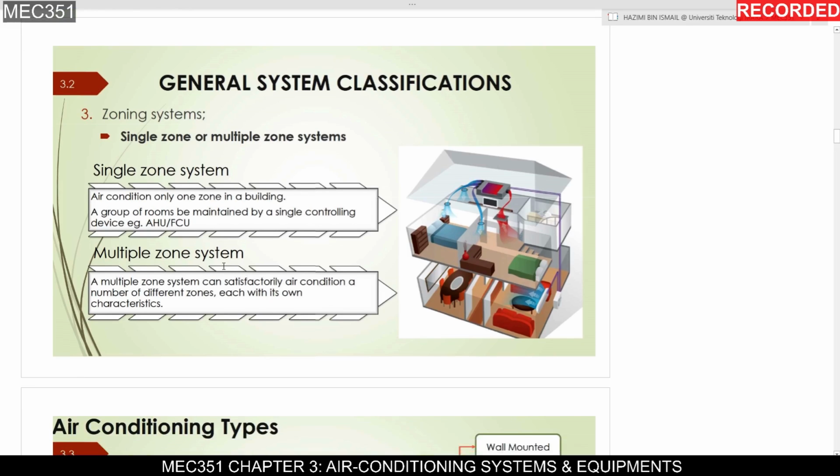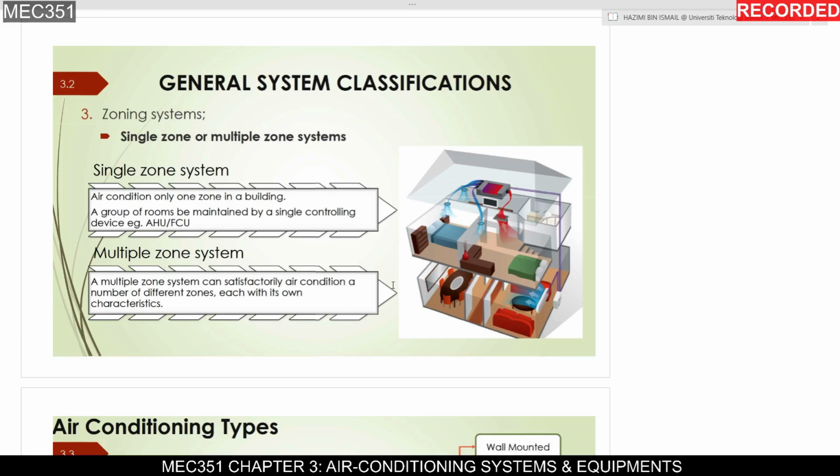But for the multiple zone system, you have to satisfy certain air conditions, where there is a specific condition for every room, and then you have to utilize the multiple zone system. Let's say in a hospital, we have an ordinary ward, and then we also have the operation room, or what we call the operation theater.